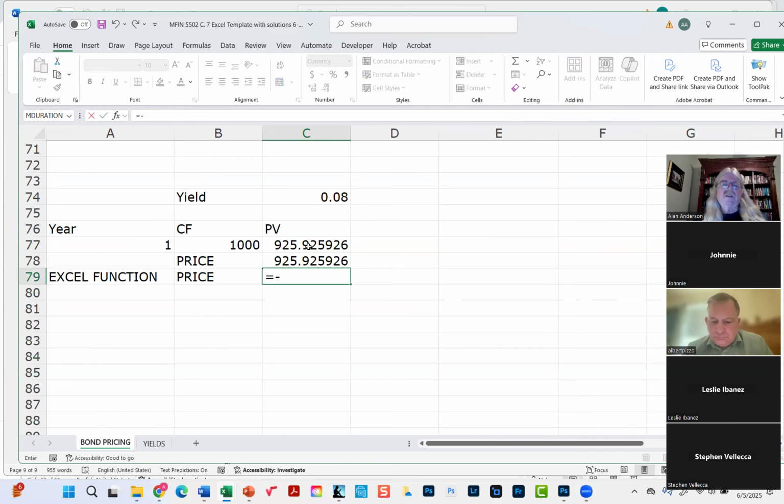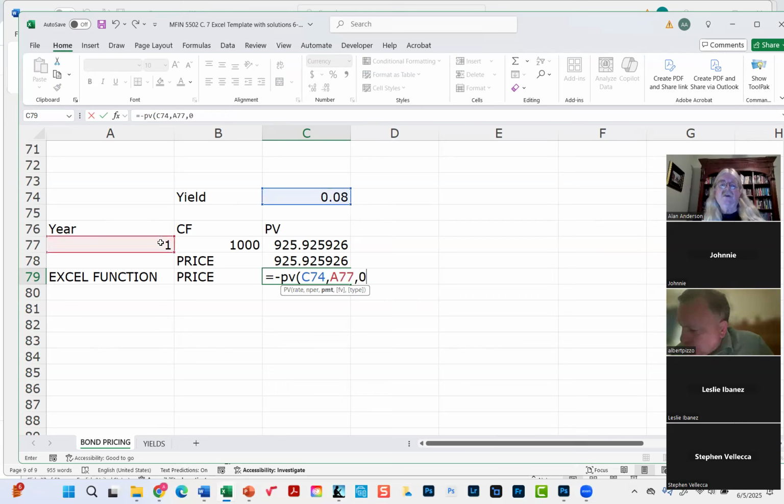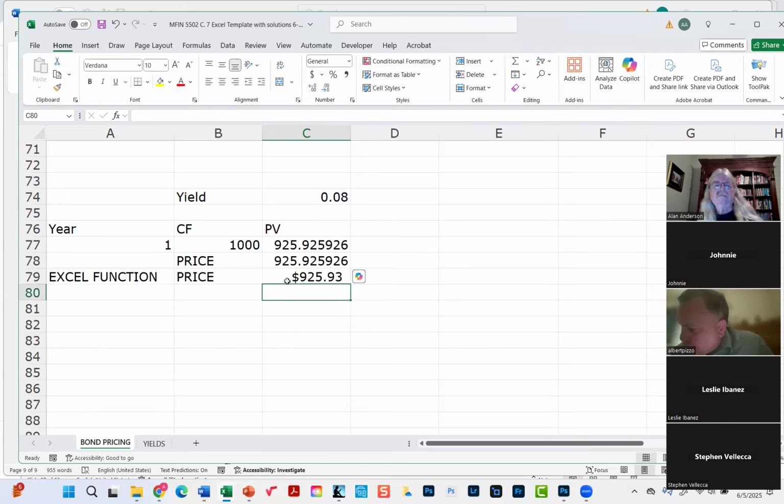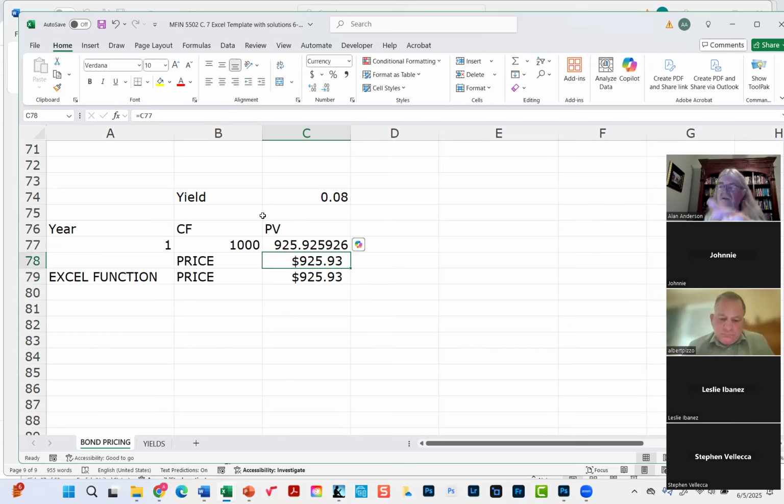And you can still use Excel's built-in functionality. The rate is 8, number of periods is 1, but now the payment is 0. You have to watch out for that. And the face value is 1,000. So that means if I buy this bond right now, I pay 925.93, and in a year I get $1,000.